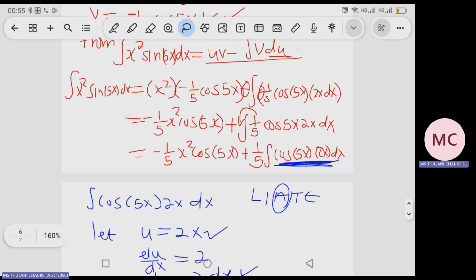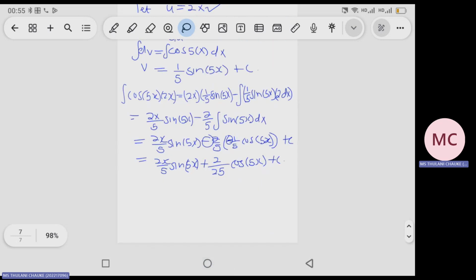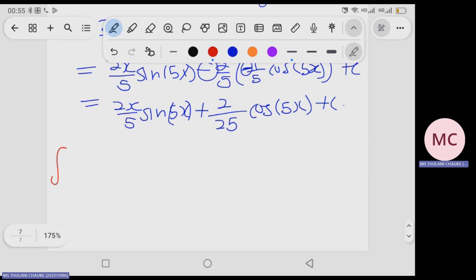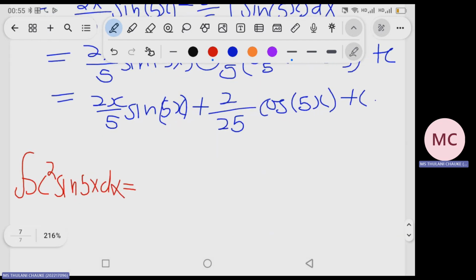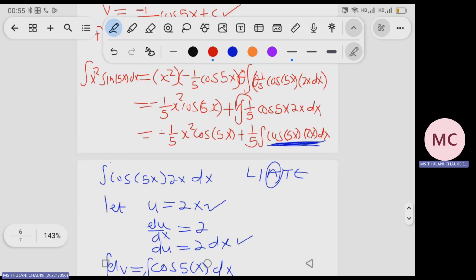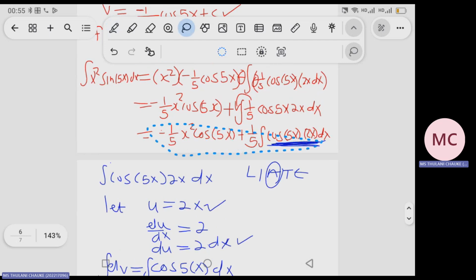So remember, we're looking for the integral of x squared sine of 5x dx, and this will be equal to, I already have everything. Let me just copy this.